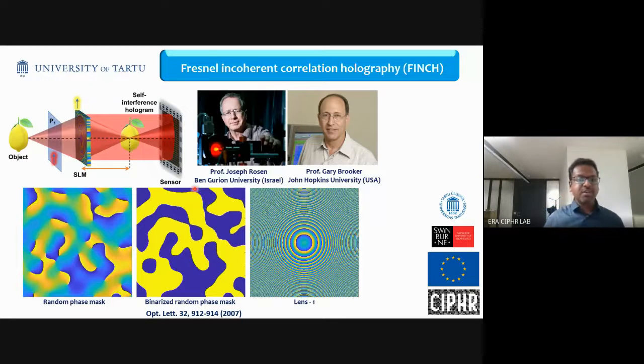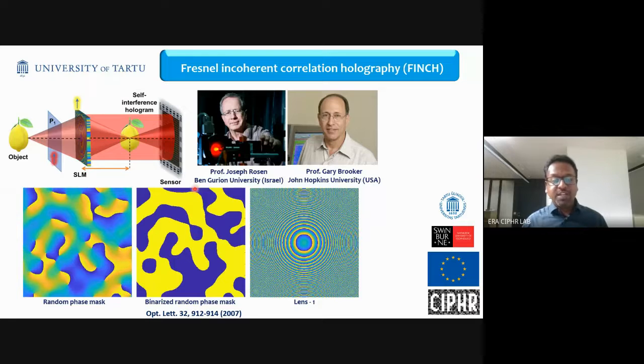Of course, holography is not very new to you. In most textbooks, this is how a hologram is recorded. We have a laser which is shined on the object, and the light diffracted from the object is interfered with the reference wave. This reference wave is usually a plane wave with no information of the object. But we have already established that such a configuration will not work for incoherent imaging systems because of lack of spatial coherence.